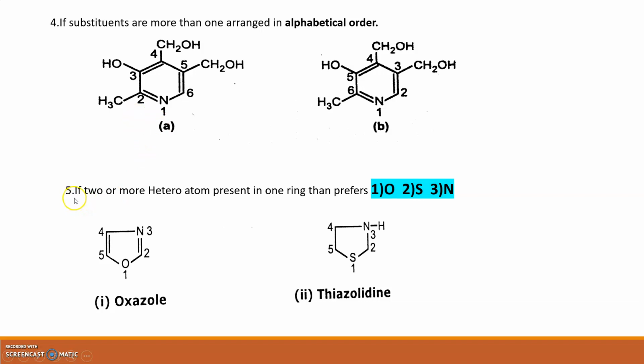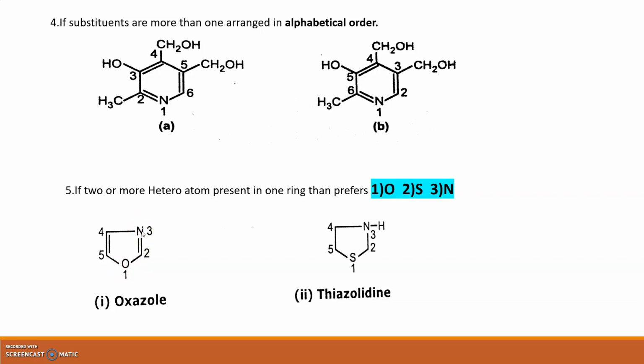Next, point number 5: if two or more heteroatoms are present, then the very important ring preferences are like oxygen is 1, sulfur is second, and nitrogen is 3. Suppose this is the example of oxazole. In the structure of oxazole, there are two heteroatoms, oxygen and nitrogen.